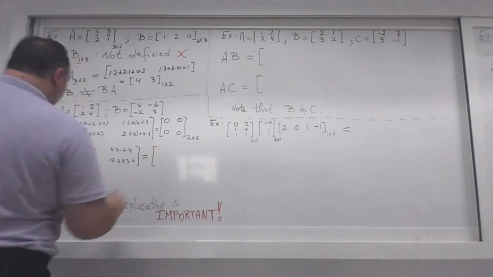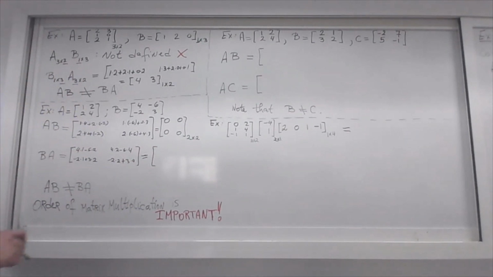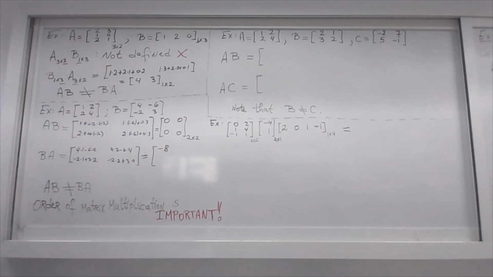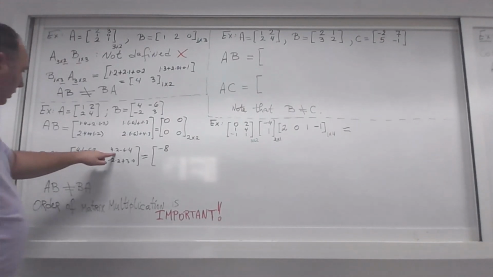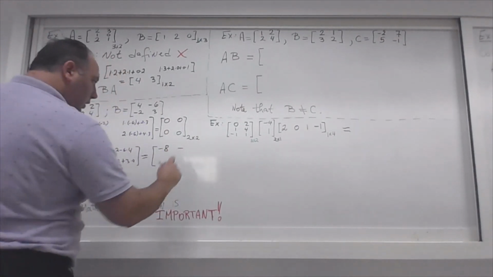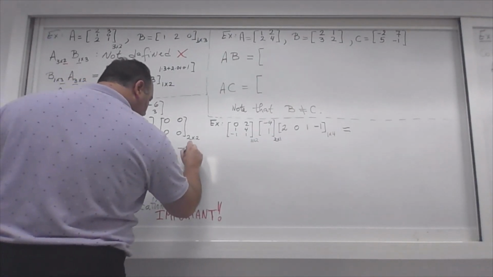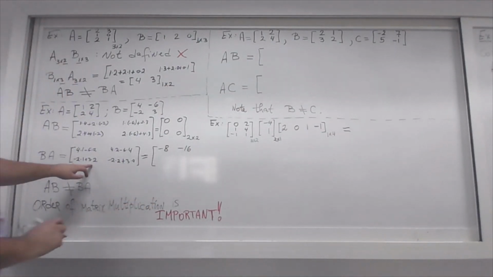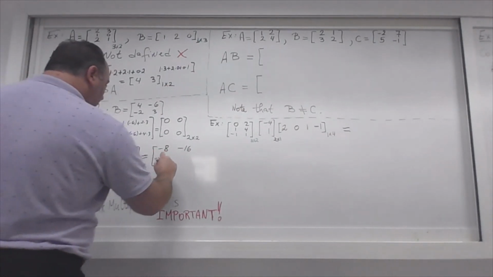This thing is equal to 4 minus 12, minus 8. And here 8 minus 24, that's minus 16. This guy, negative 2 plus 6, 4.